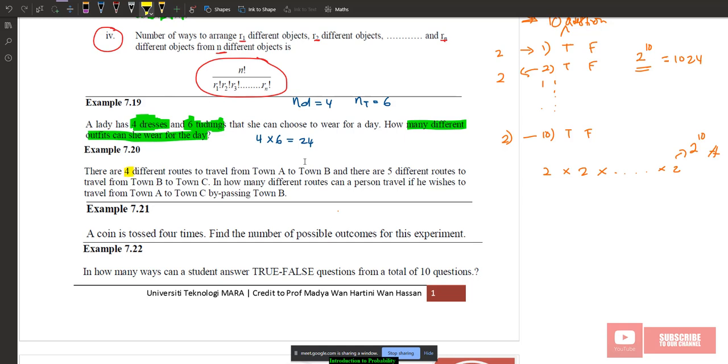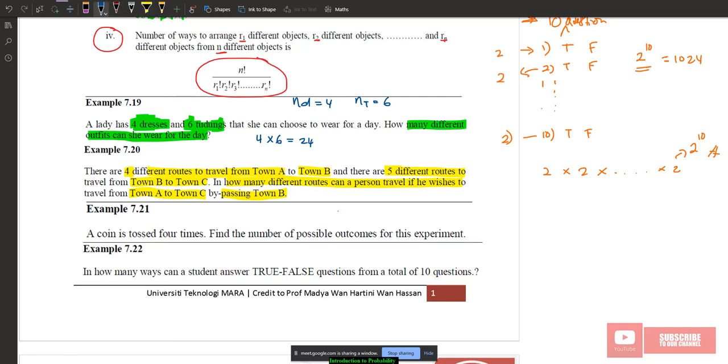There are 4 different routes to travel from town A to town B, and 5 different routes to travel from town B to town C. We want to know how many different routes a person can take if he wishes to travel from town A to town C by passing through town B.